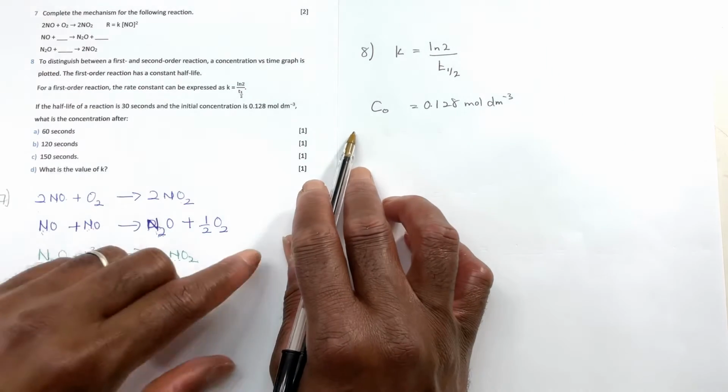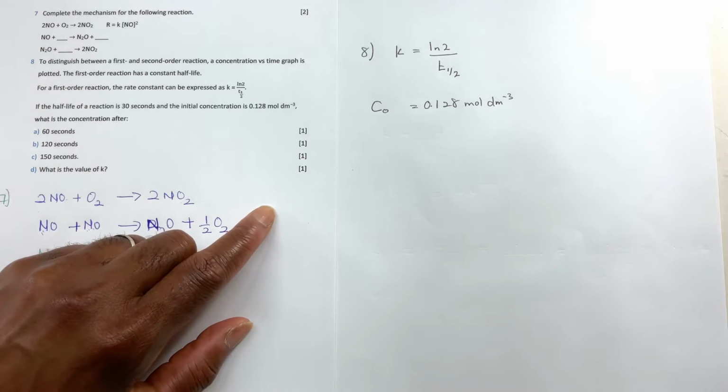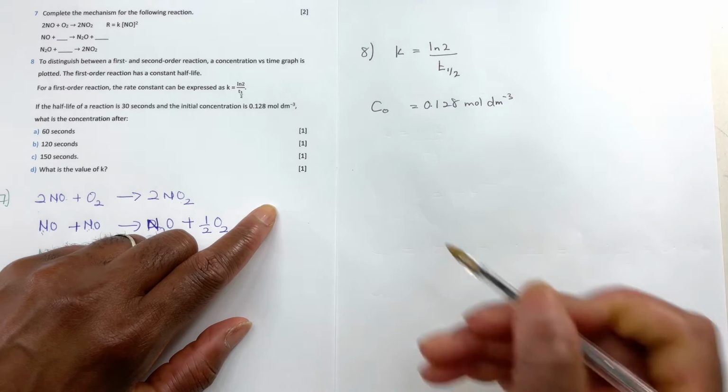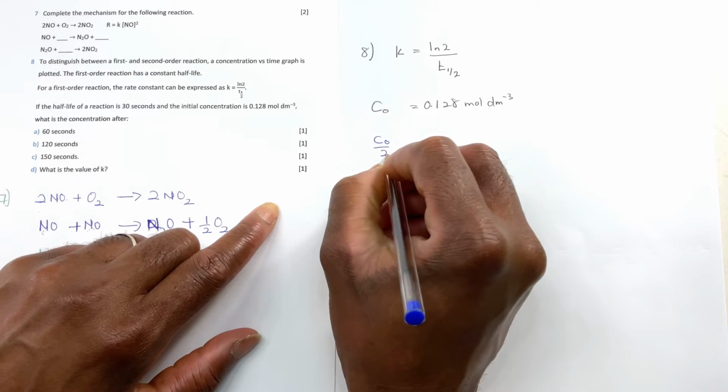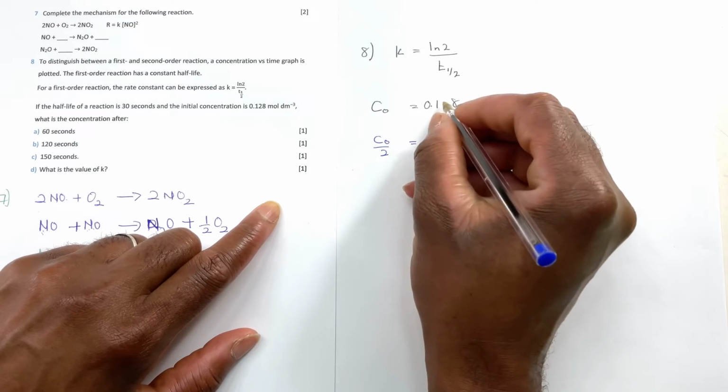The half-life is 30, so every half-life it goes to half of this, so we get C over 2, and that will be half of that.